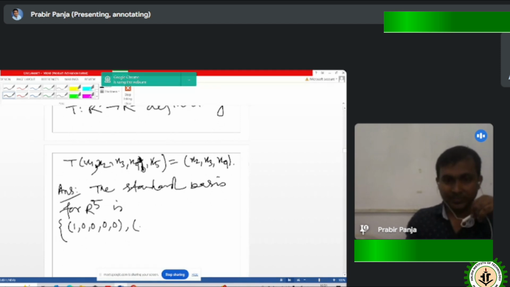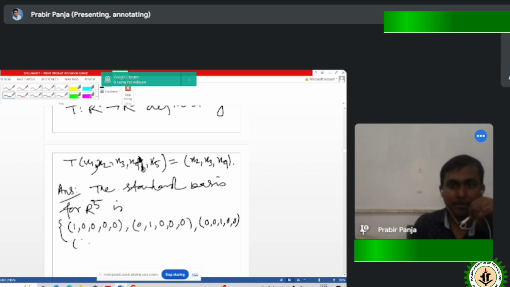The next is 0, 1, 0, 0, 0. Next element is 0, 0, 1, 0, 0. Then the next element is 0, 0, 0, 1, 0. Then the last element is 0, 0, 0, 0, 1.